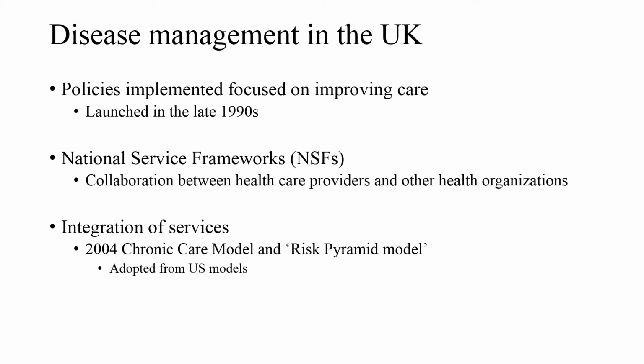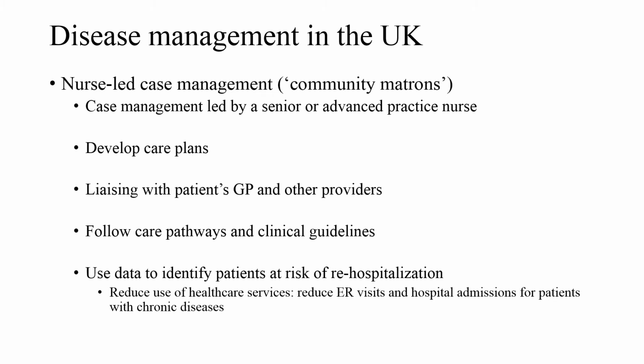As a matter of fact, some of these models were adopted from U.S. models, for example, the chronic care model and the risk pyramid model. I'll talk more about that in the next slide, hopefully.